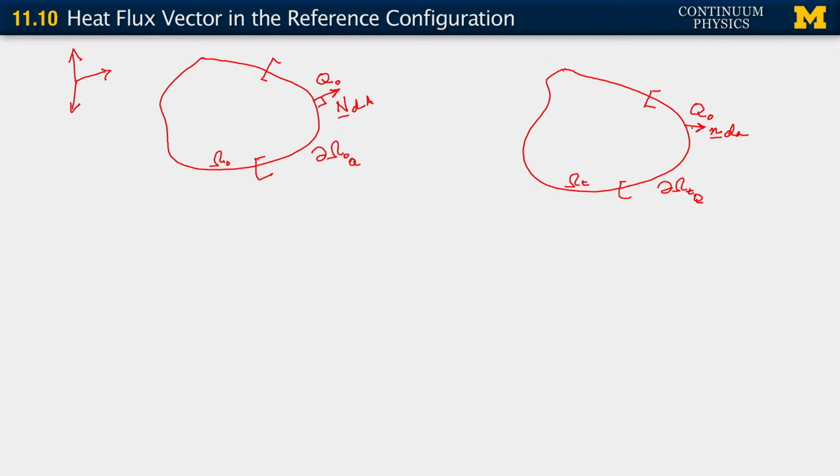Capital N dA is the area vector perpendicular to the surface in the reference configuration. Between these two configurations, the amount of heat we are sending in through that surface, and this is what we're controlling, is the same.